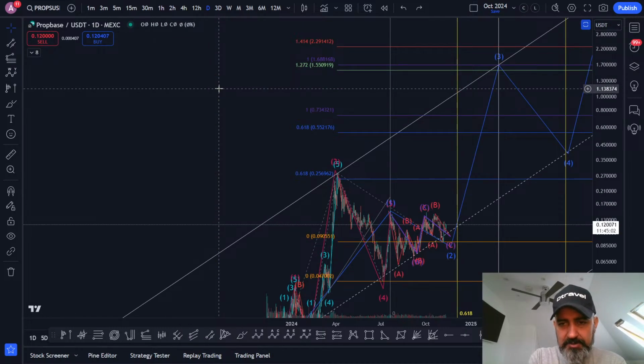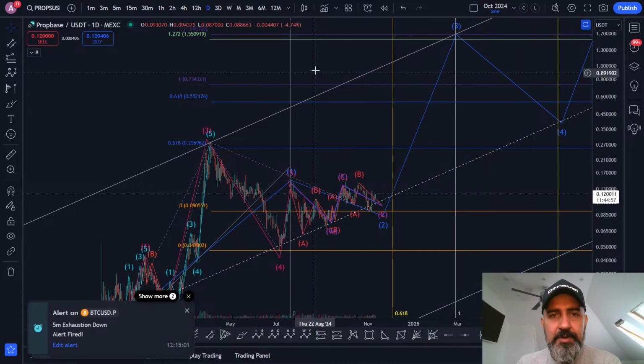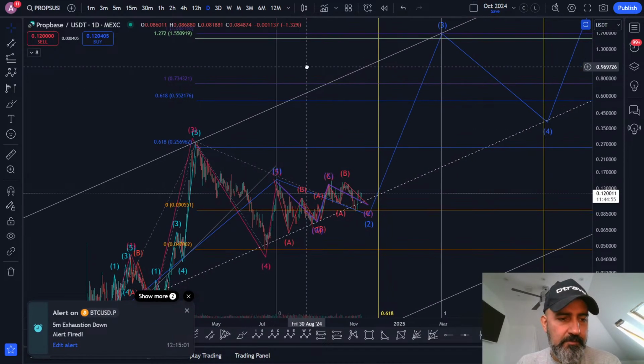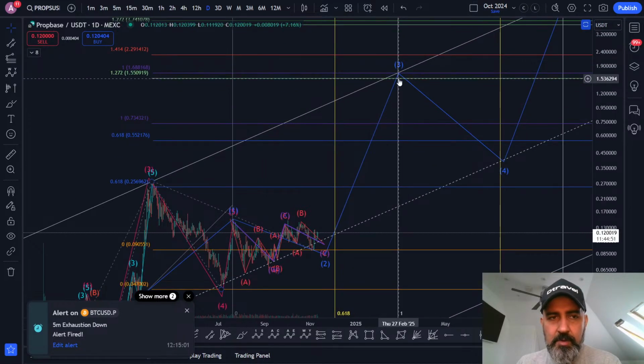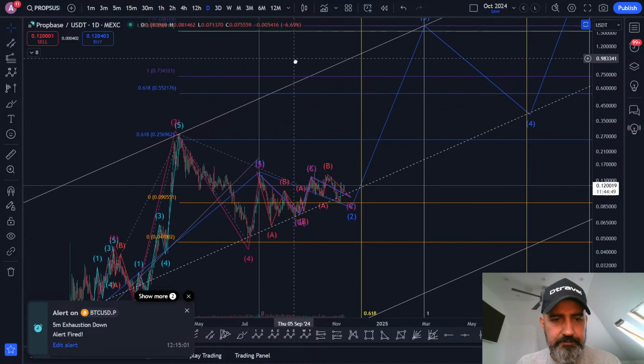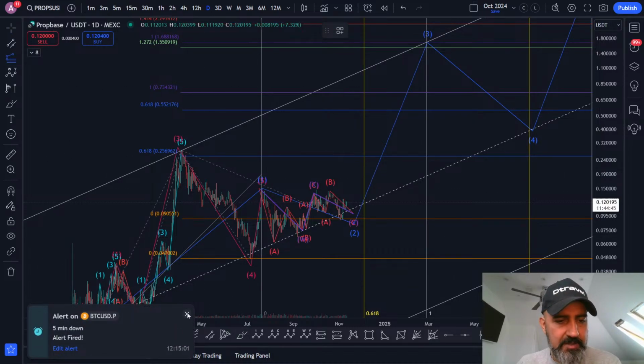So we have to see the impulse. Once we see the impulse, it's going to be a lot easier to know exactly what's going to happen. I'm going to do also some other things here quickly.